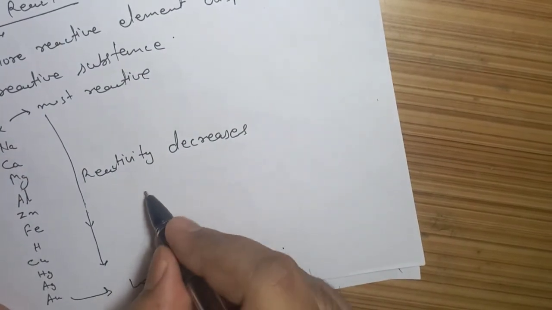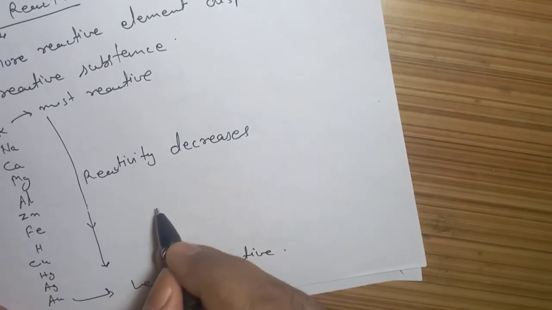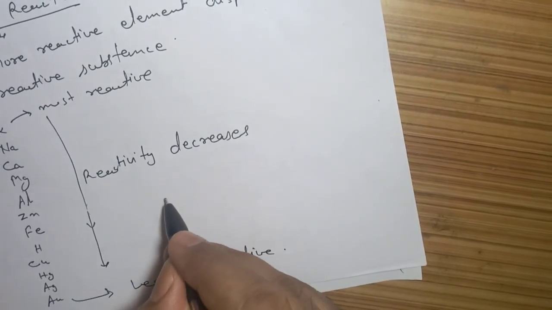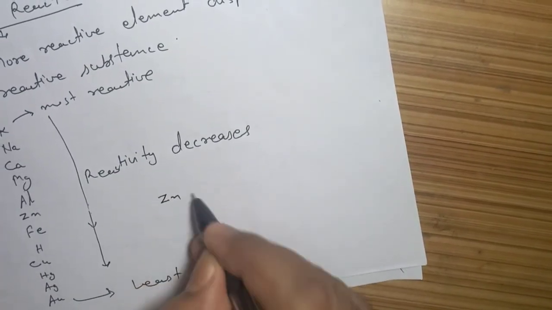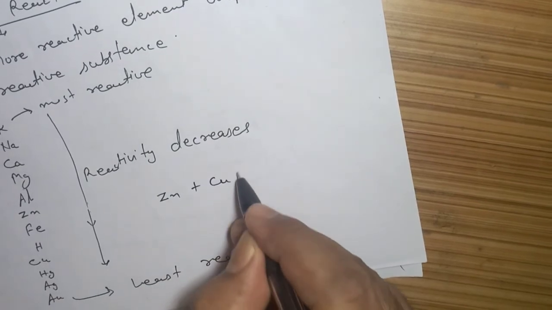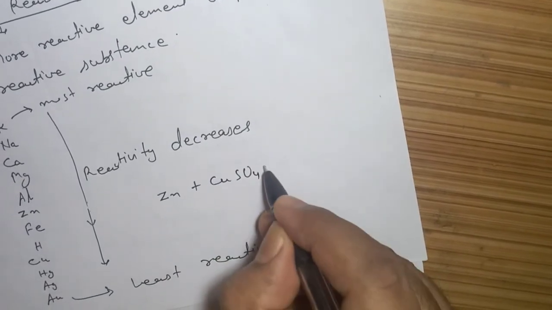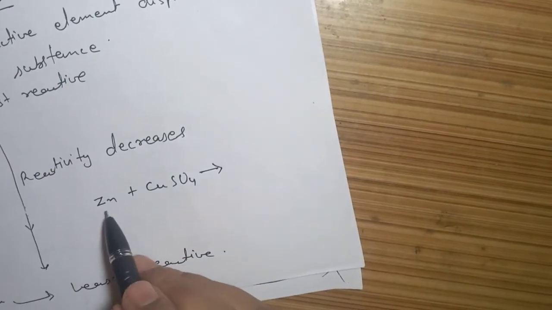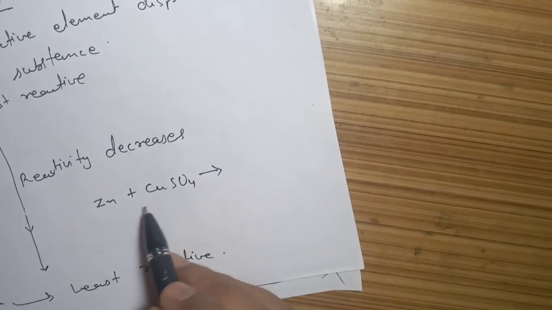Example, let's say Zn plus CuSO4. If you look, zinc is more powerful, copper is less powerful.